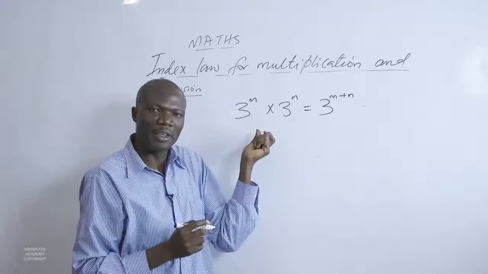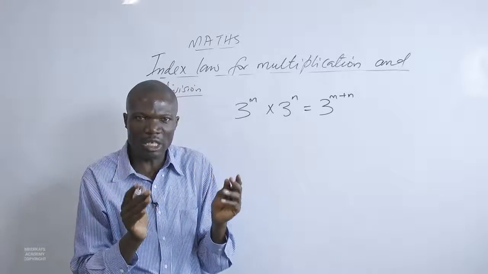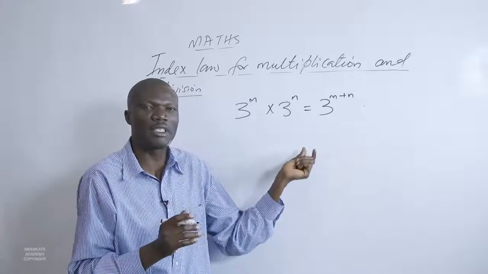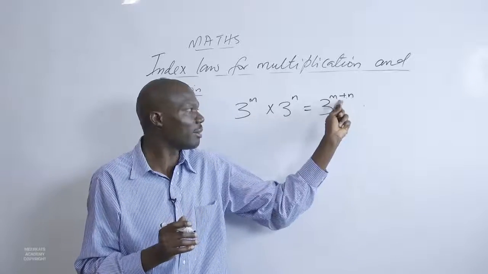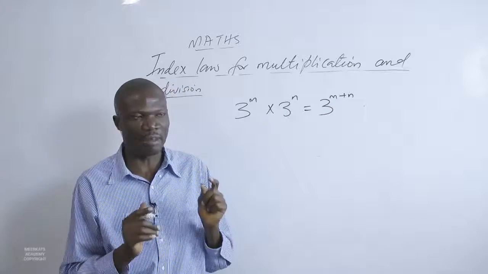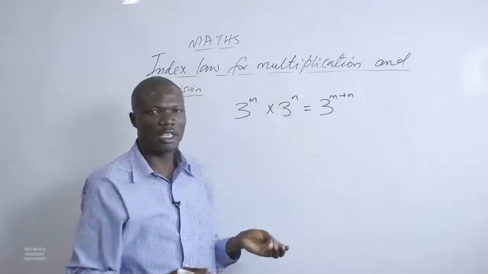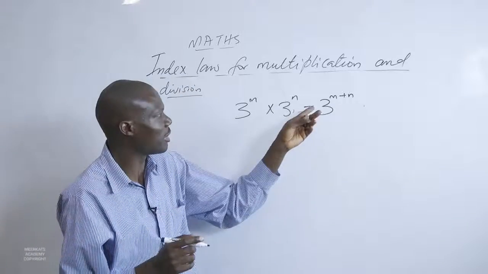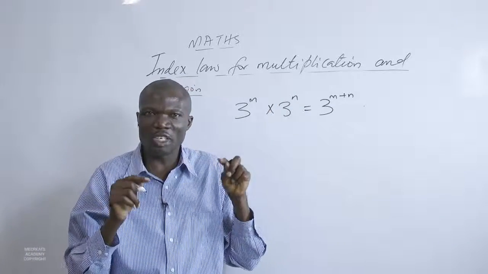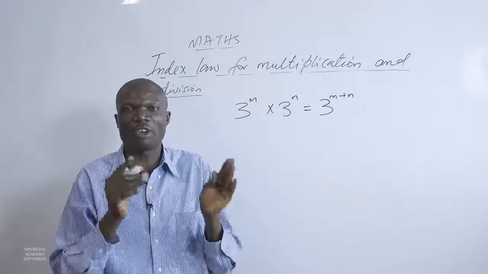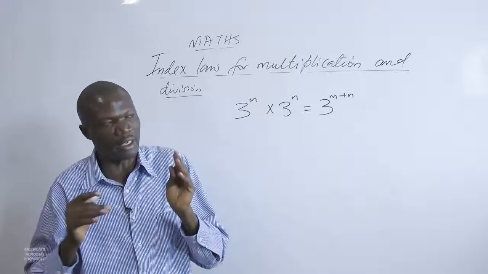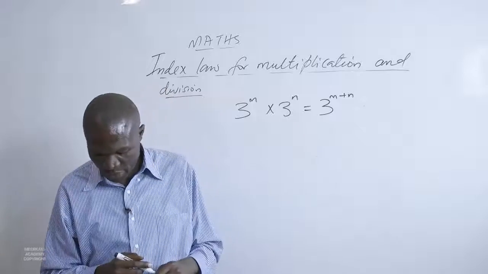When you multiply two numbers with the same bases, it is the same as adding the powers and maintaining the base. Take note that m plus n is not the same as mn. It will remain m plus n.